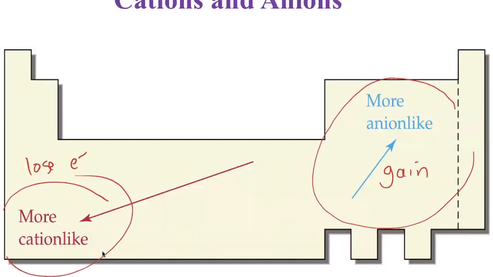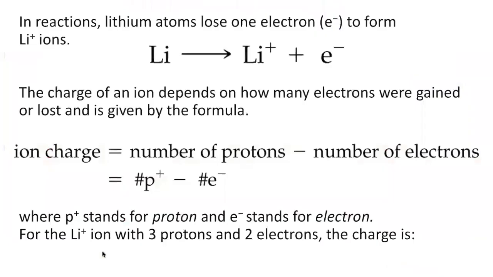It's important to realize how we write this losing or gaining of electrons. When we lose an electron, we put the electrons on the product side. The ion charge is going to be the number of protons minus the number of electrons.